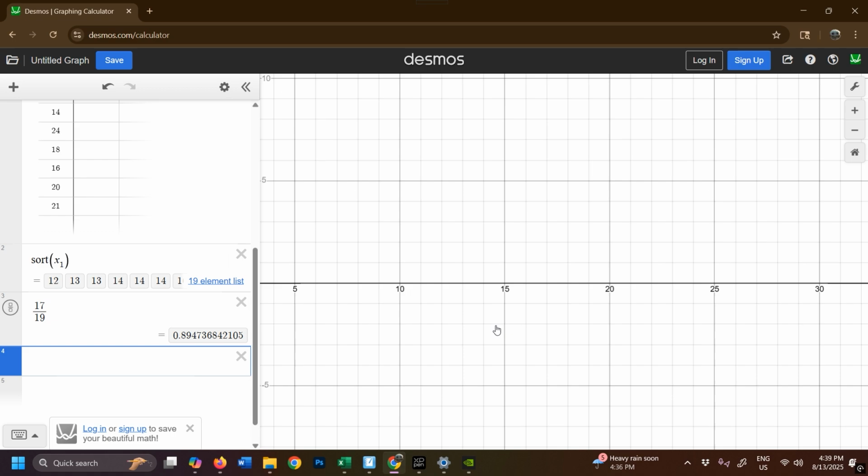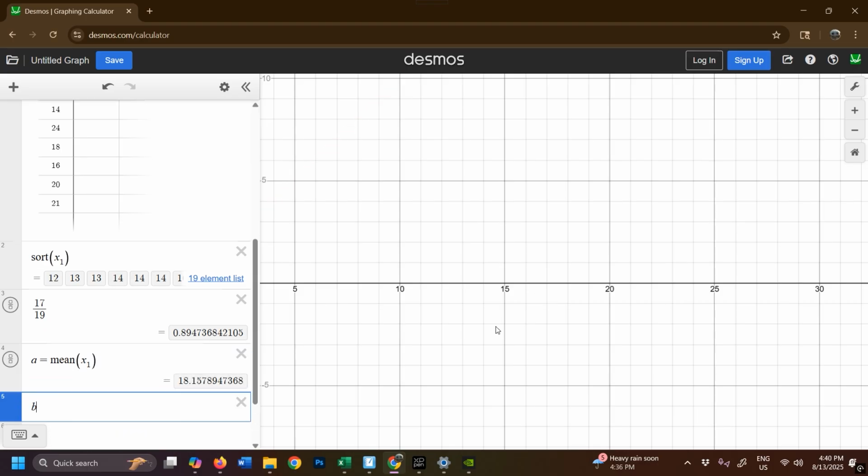Now for the mean, I'm going to type it in this way, and I'll tell you why I did it this way. I'm going to go A is equal to the mean of x1. And then B is equal to the standard deviation.